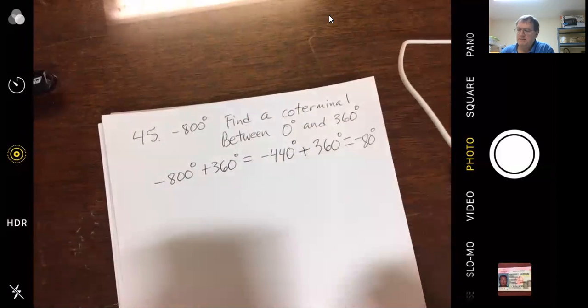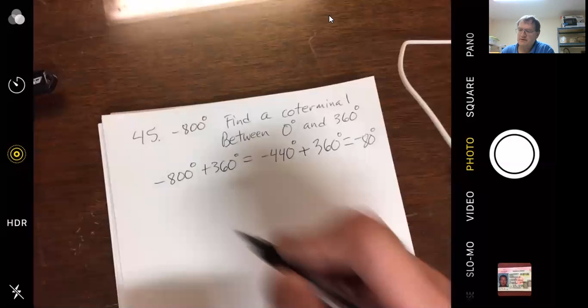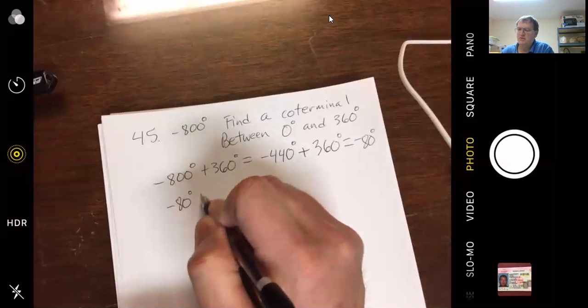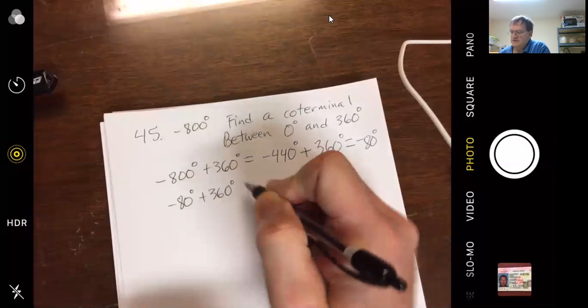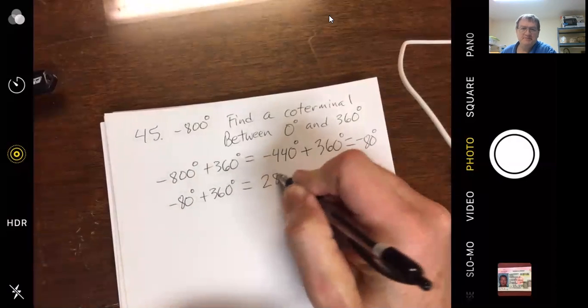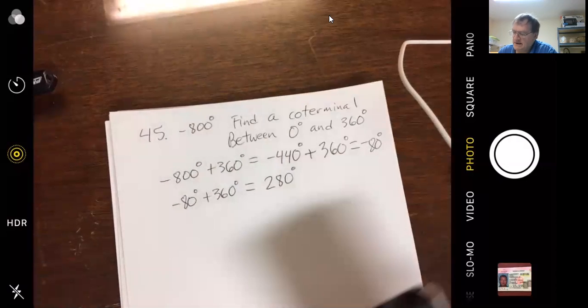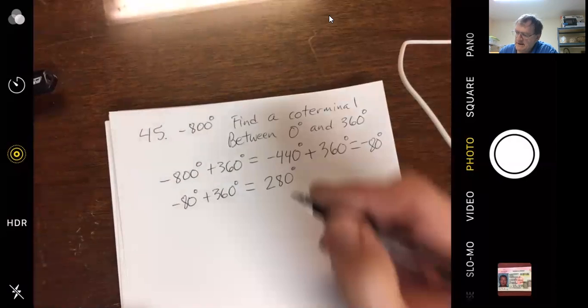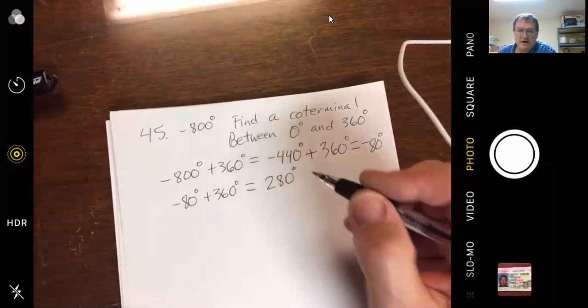So one more time, negative 80 degrees, add 360 degrees, 280. Oops, I didn't do that in my head. So 280 degrees is coterminal with negative 800.